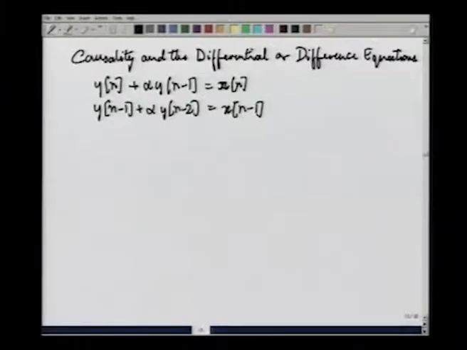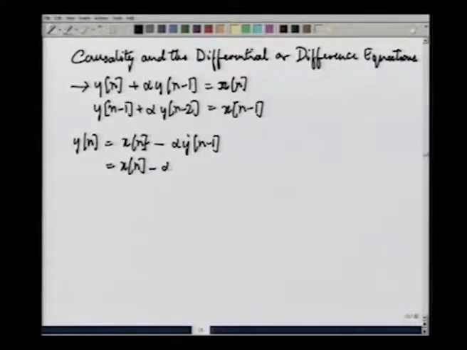Now, I am going to proceed as follows. I am going to write this original equation as y n equals x n minus alpha y n minus 1, which equals x n minus alpha. What is y n minus 1?